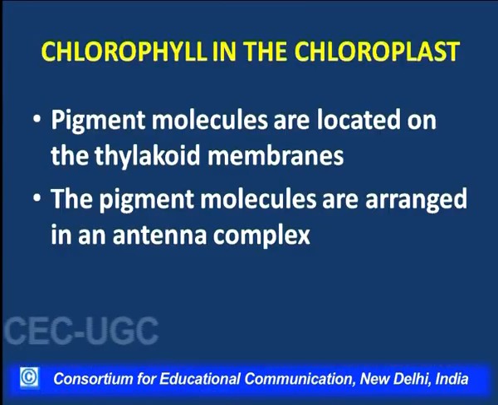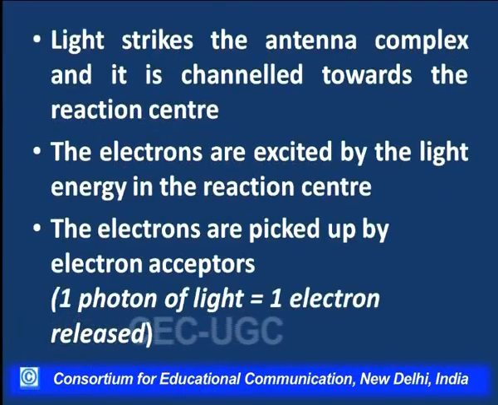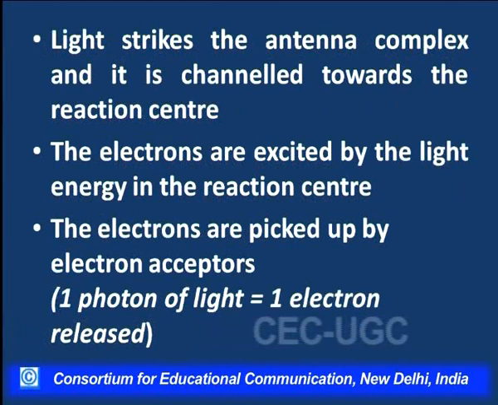If we remind ourselves of the position of chlorophyll, we would see that pigment molecules are located on the thylakoid membranes, and they would be arranged in the form of an antenna. An antenna could somehow concentrate a huge gamut of these photons and bring them to a focal center, which in this case would be the reaction center.